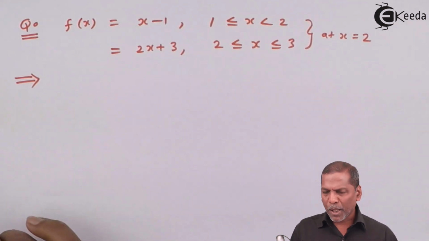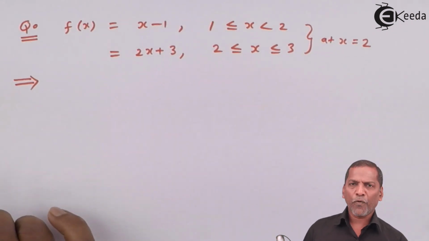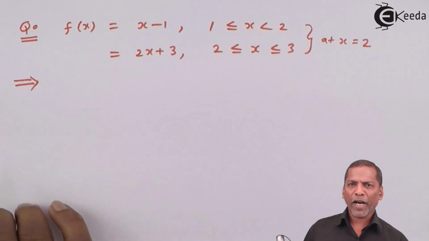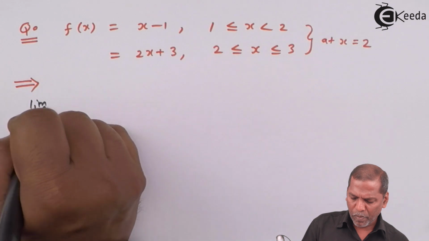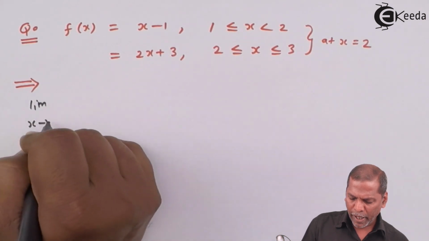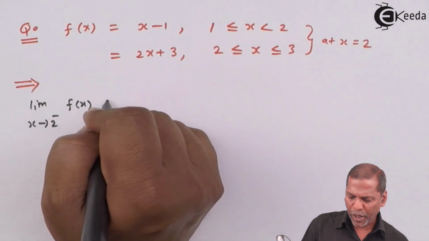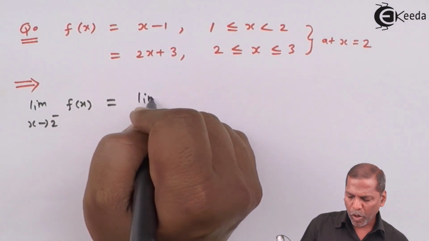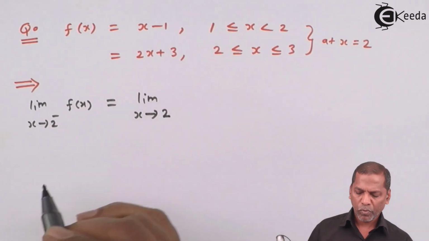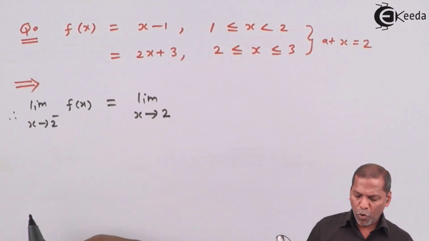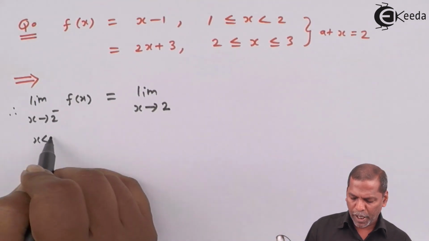So in the present case, the indicated point is 2. First of all, we go for the left hand limit. That is limit x tends to 2 minus f of x, that is equal to limit x tends to 2. Now 2 minus means x less than 2.